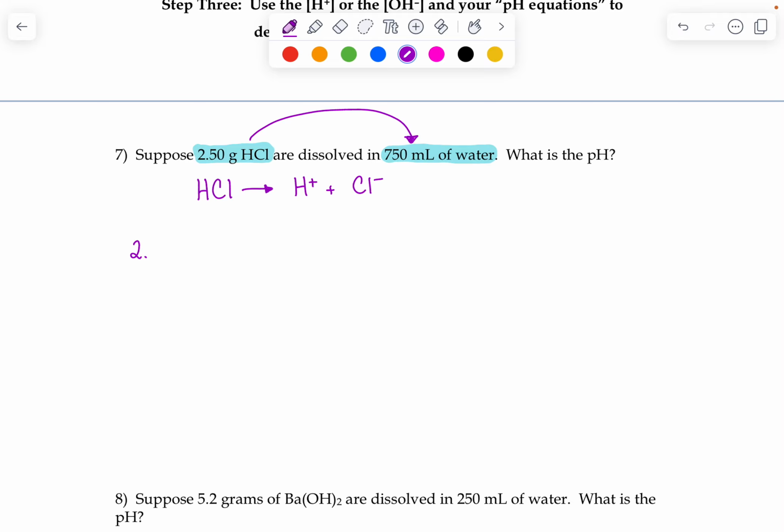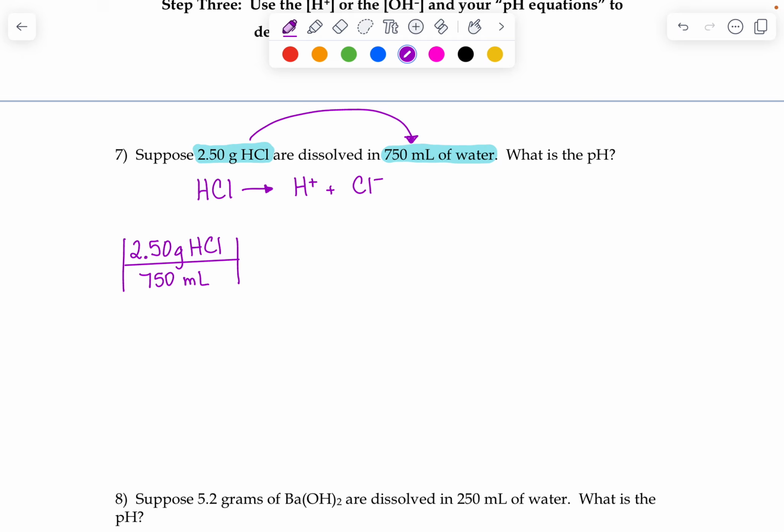So let me take that density that I was provided. I have a mass and I have a volume. So let me put my mass on top, volume on the bottom. And I know it says 750 milliliters of water, but like we said, as soon as the acid touches the water, it's not water anymore, it's aqueous hydrochloric acid.